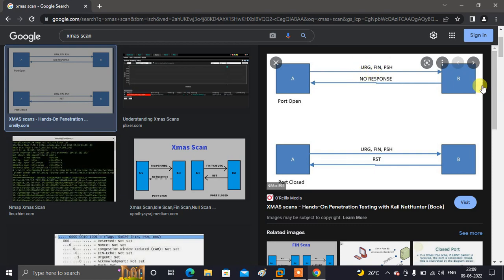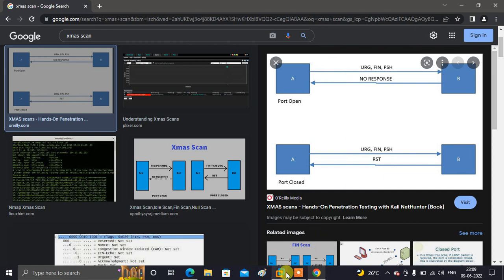So if the port is open, it will not respond. But if the port is closed, the machine will send RST by default. So here a response is obtained only if the port is closed, otherwise no response.